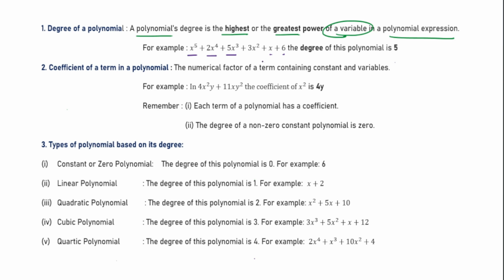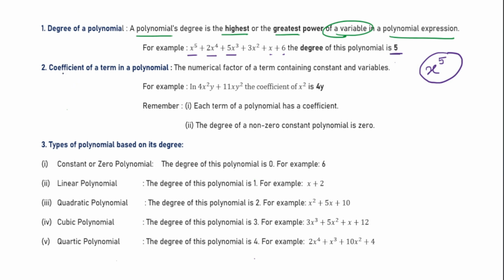Now we are looking for the highest power of the variable. So here first of all the variable is x and its highest power is x to the power 5. So 5 is the degree of the polynomial.